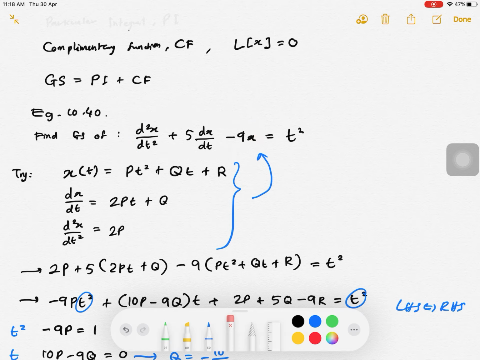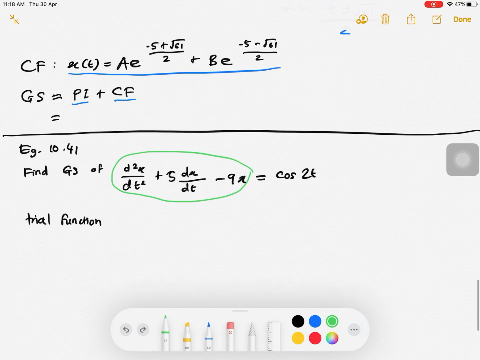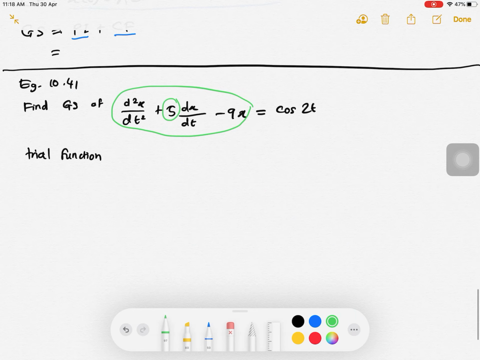If you look here, this is the same: plus 5, negative 9.